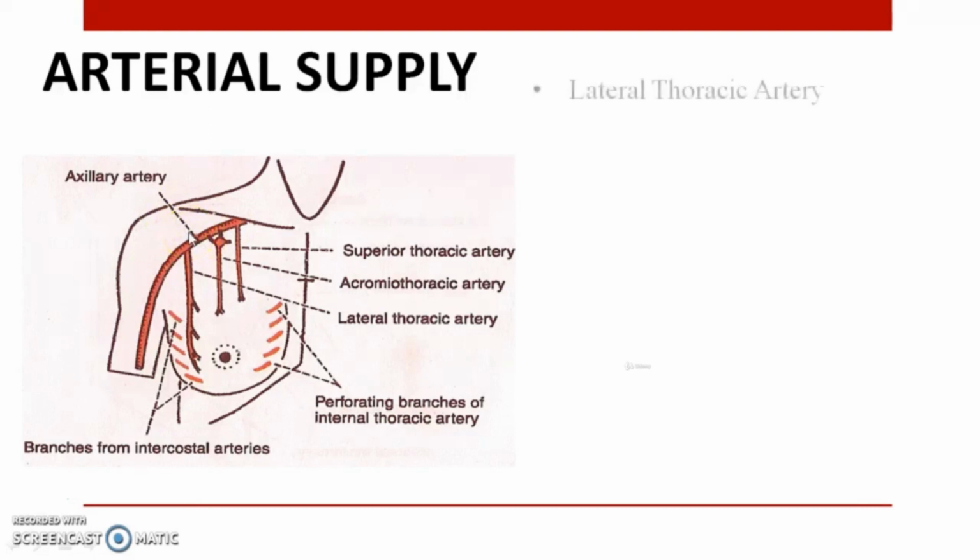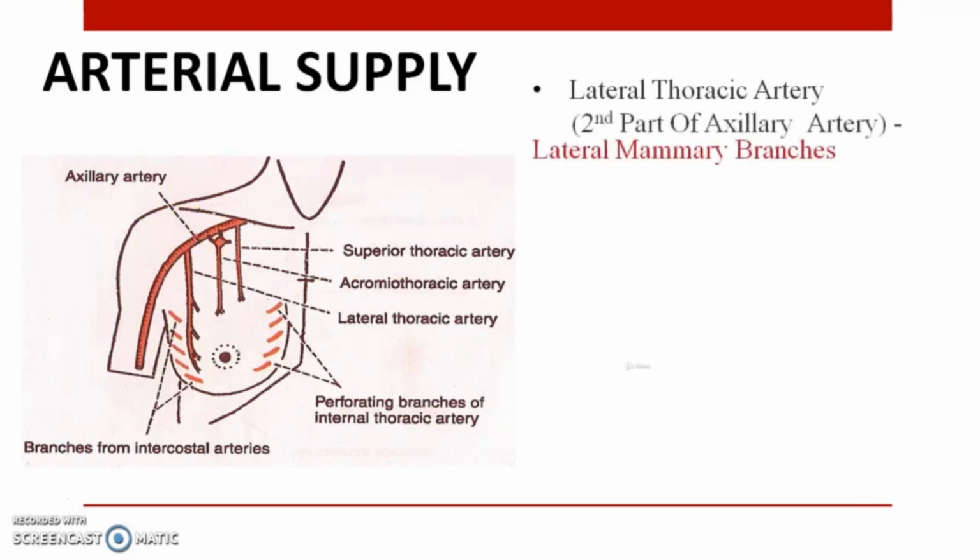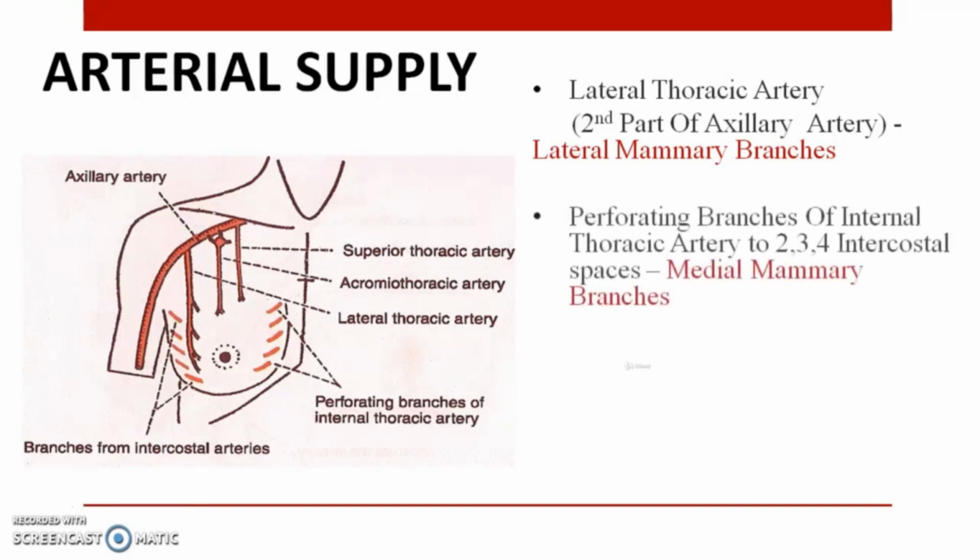The axillary artery's second part, the part covered by the pectoralis minor muscle, gives a branch called the lateral thoracic artery. This lateral thoracic artery, otherwise known as lateral mammary branches, supplies the whole lateral part of the mammary gland.